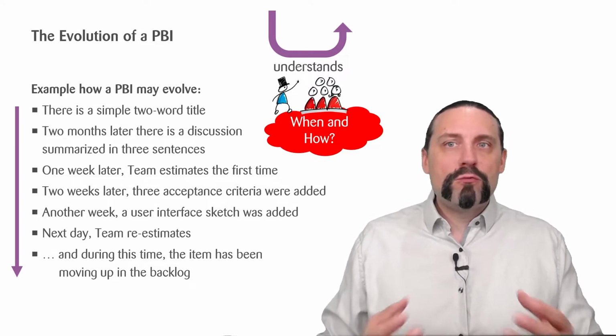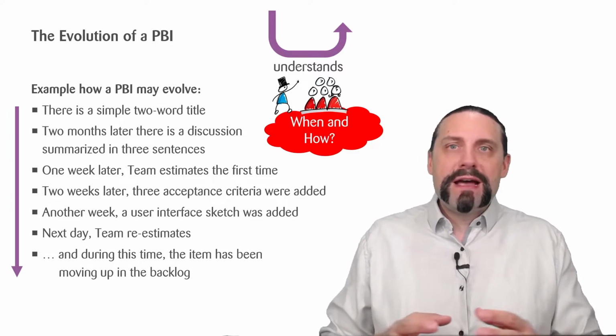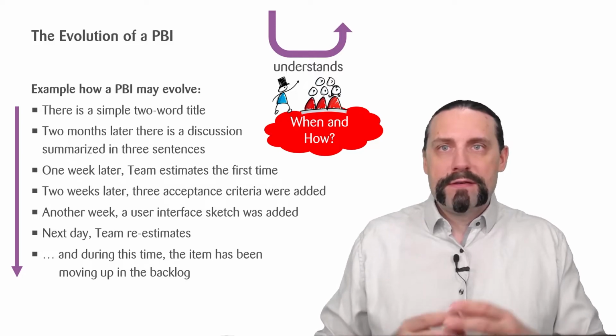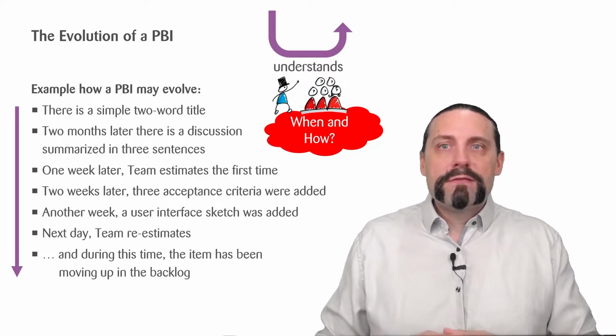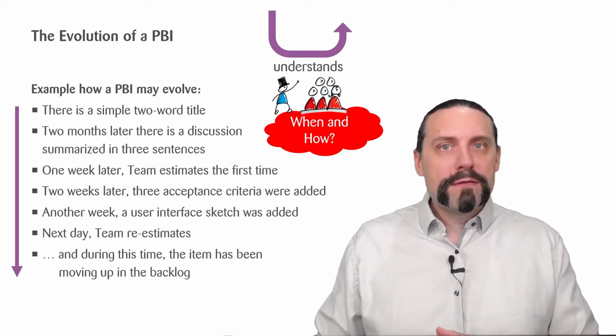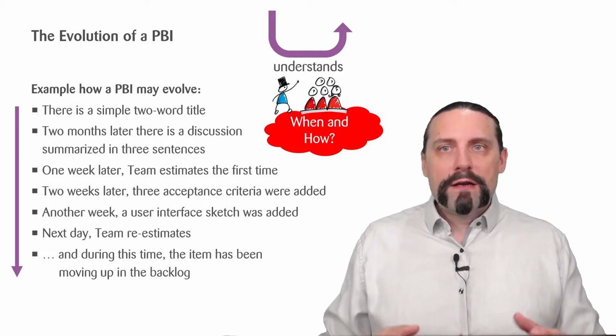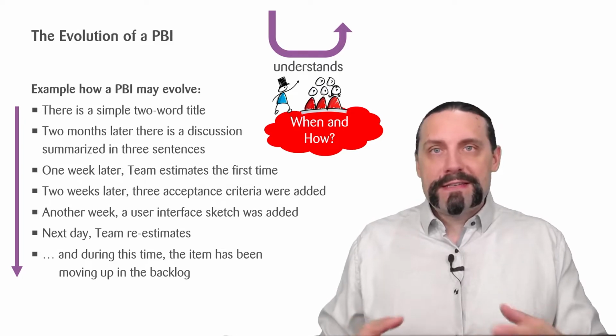Then perhaps 1 week later, the team estimates for the first time how big this product backlog item is. And then 2 weeks later, 3 acceptance criteria are added to this product backlog item. Another week later, perhaps a user interface sketch is added.